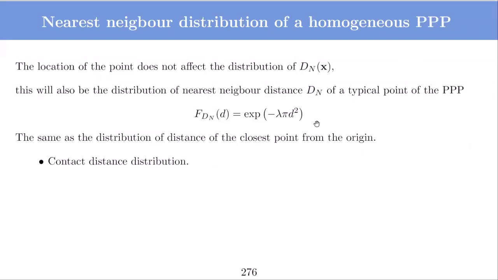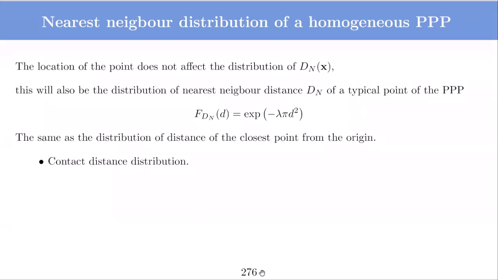Note that this is the same as the contact distance distribution, which is the distribution of the distance of the closest point from any arbitrary location. So that is the same as the distribution of the nearest neighbor's distance from any typical point for a Poisson point process.